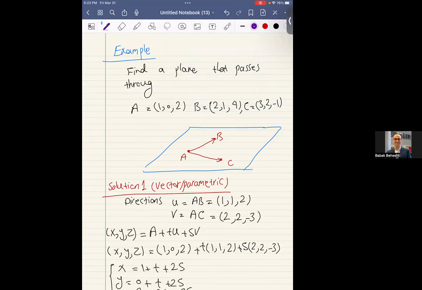See, let's say that this guy is the cross product. So the normal of the plane is the cross product of the two directions. So I need to find the cross product. So we have AB and AC.